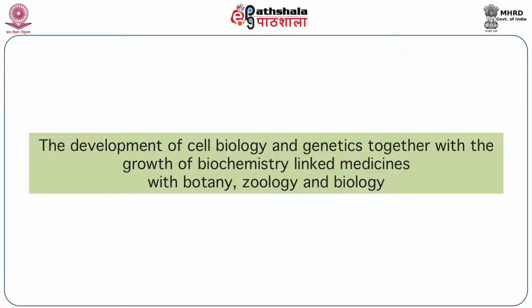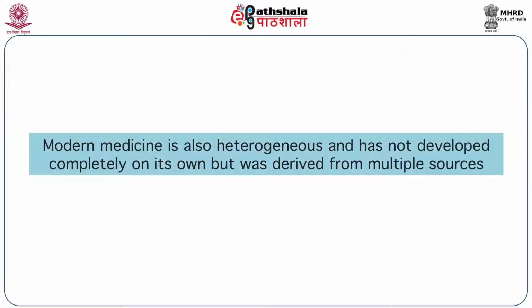So the point we are making is that medicine is a heterogeneous branch which incorporated advancements from biology, physics, microbiology, chemistry, and nuclear physics. Several disciplines contributed to the advancements.